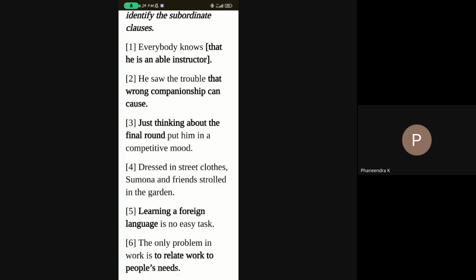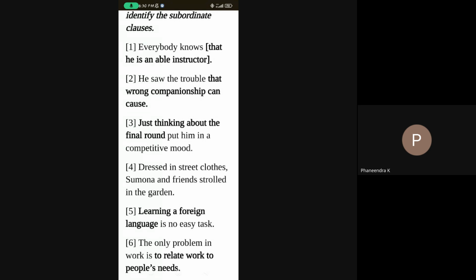If it has to be an adjectival clause, then it needs to provide additional information or describe a noun, right? And that noun has to go right before it. It cannot be misplaced elsewhere in the sentence.